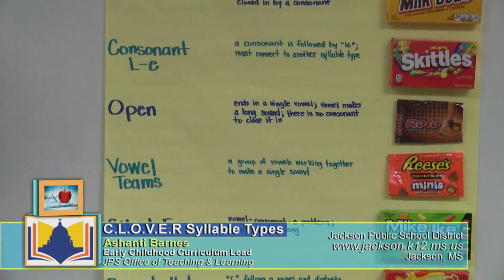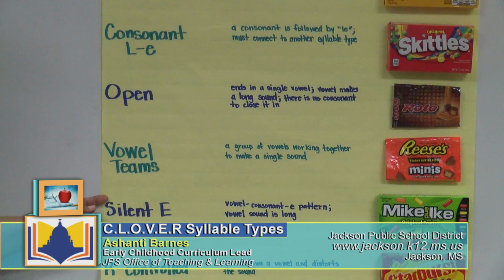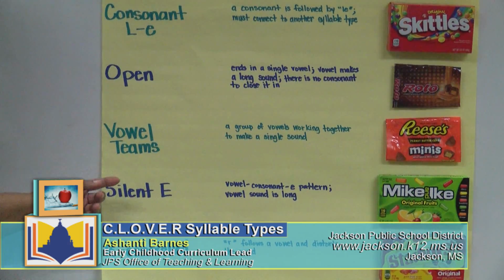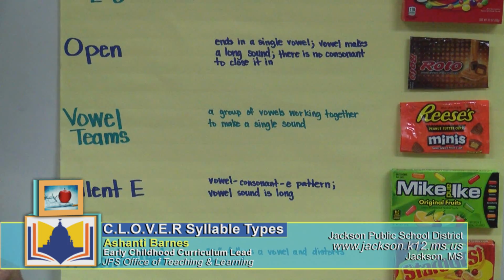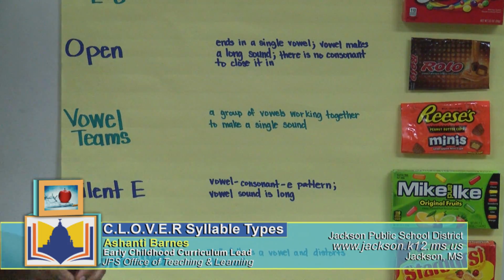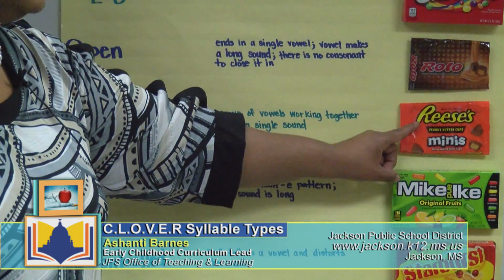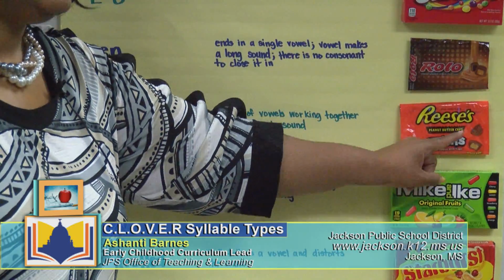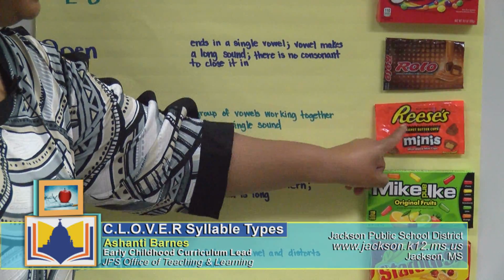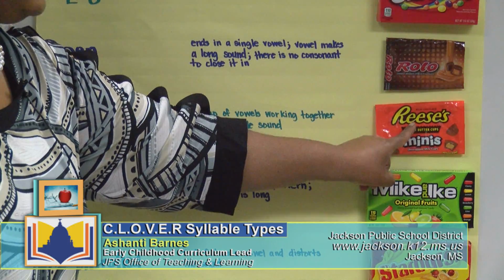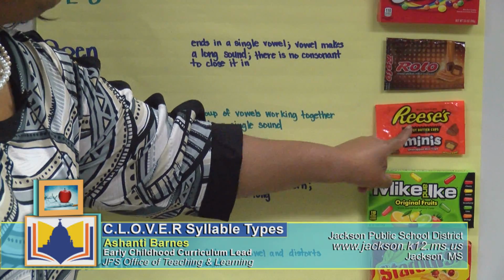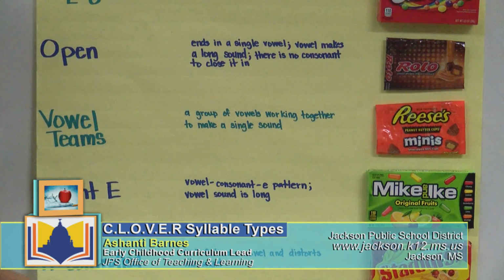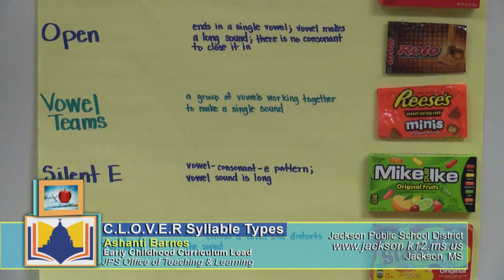Our next syllable type would be vowel teams. Now, your vowel teams are groups of vowels working together to make a single sound, much like our candy example, Reese's. The double E in Reese's works together as a vowel team, and those 2 E's make a single sound. Next, we have the silent E syllable type.